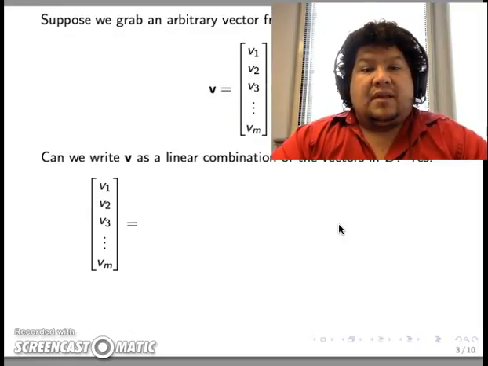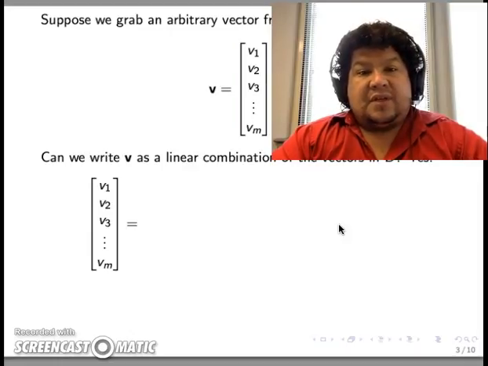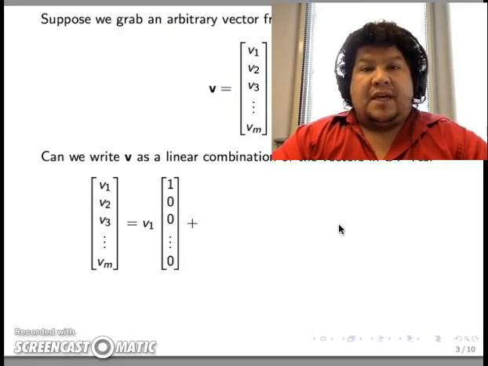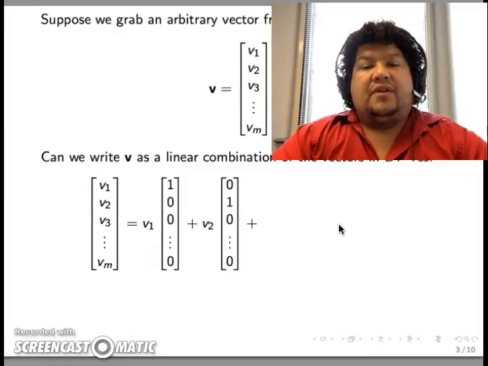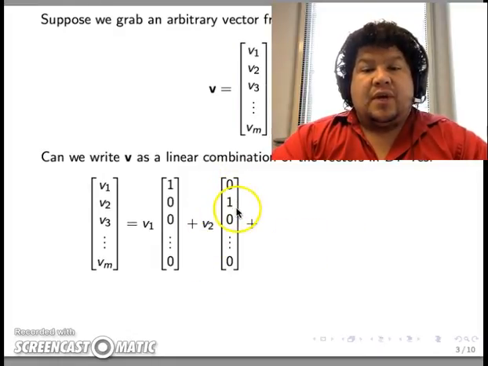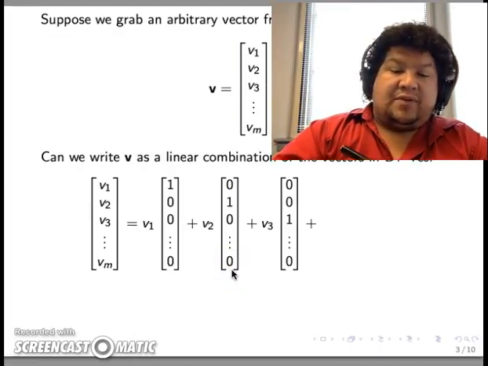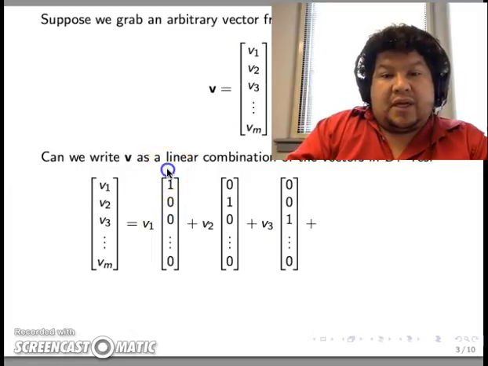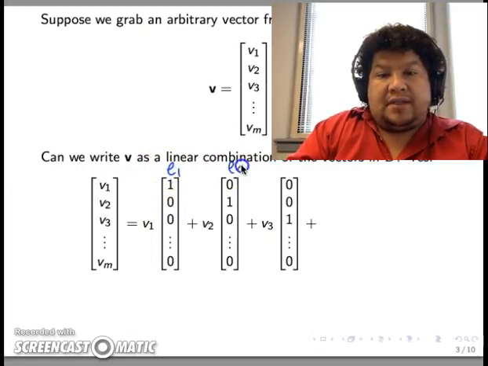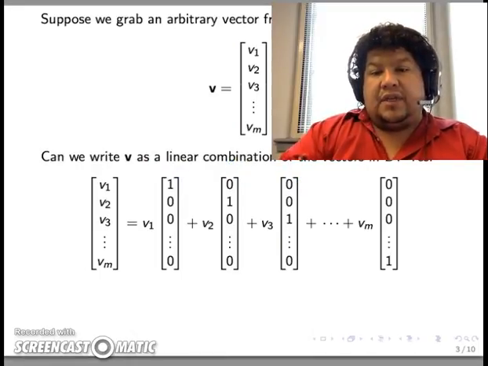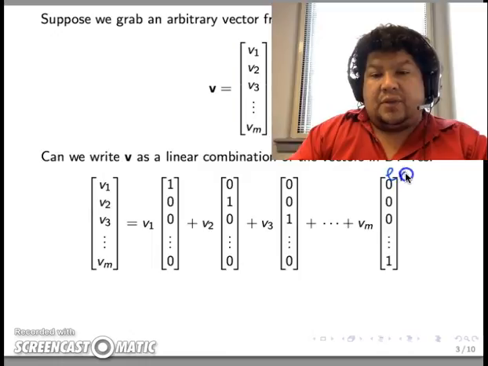Suppose that we consider the entries of this arbitrary vector V as a linear combination of the following form: V1 times 1, 0, 0, 0, 0, V2 times the vector 0, 1, and then all zeros below, V3 times the next vector. By writing this linear combination this way, this is E1, this is E2, this is E3, and this continues all the way through E sub m.